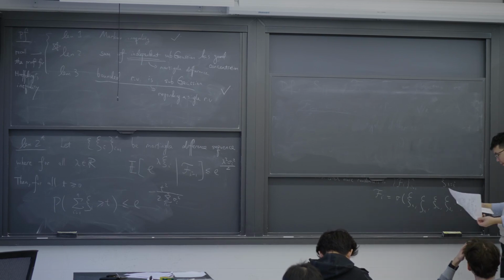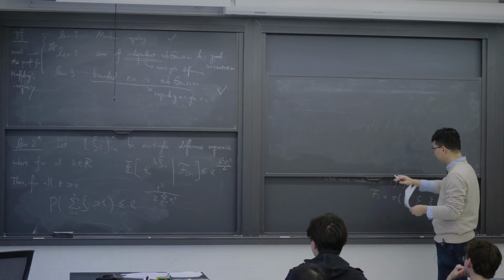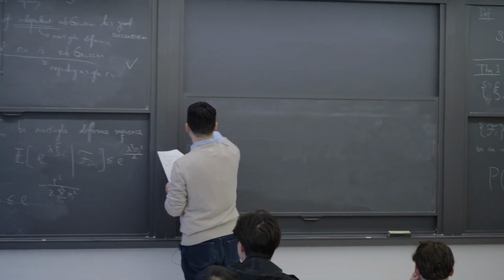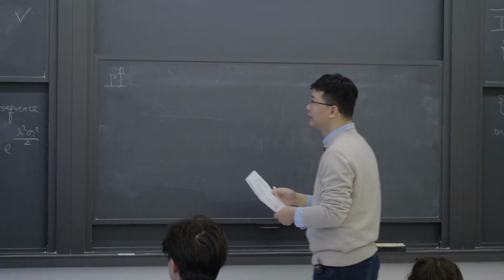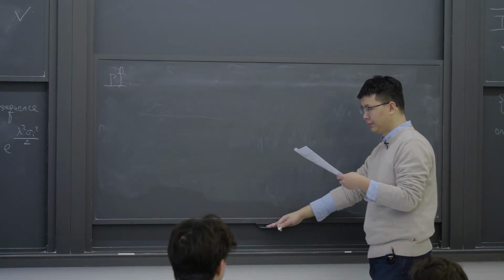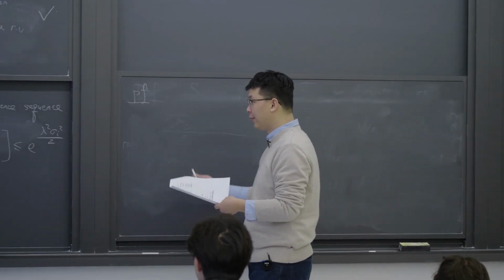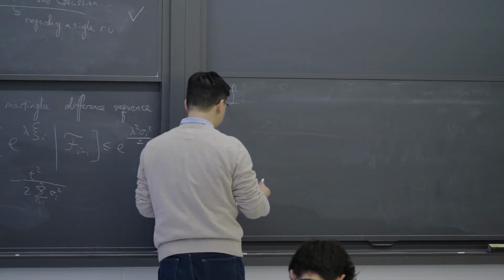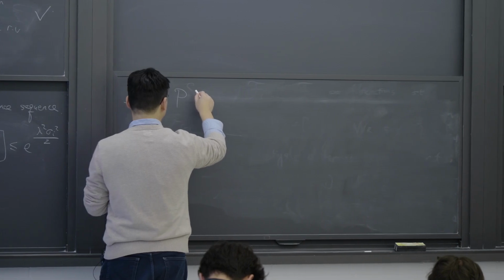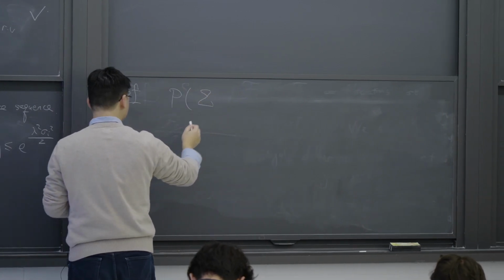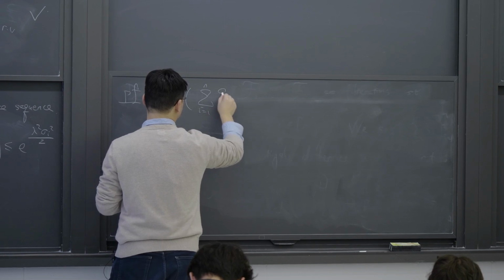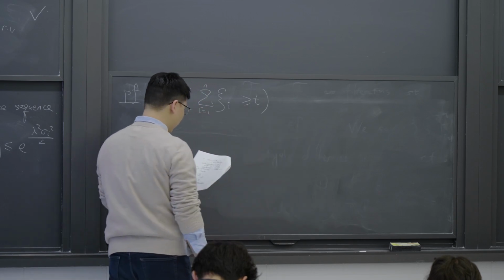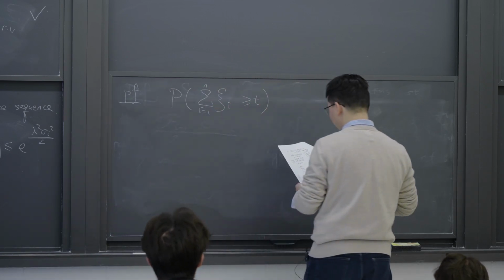Okay. So let's prove this lemma 2. We will essentially follow a lot of steps like in the last lecture, how we proved lemma 2. The first step is we first write out what we want to prove, that is the probability of the summation of Ci greater or equal to t. The first step, we raise everything to the exponent.